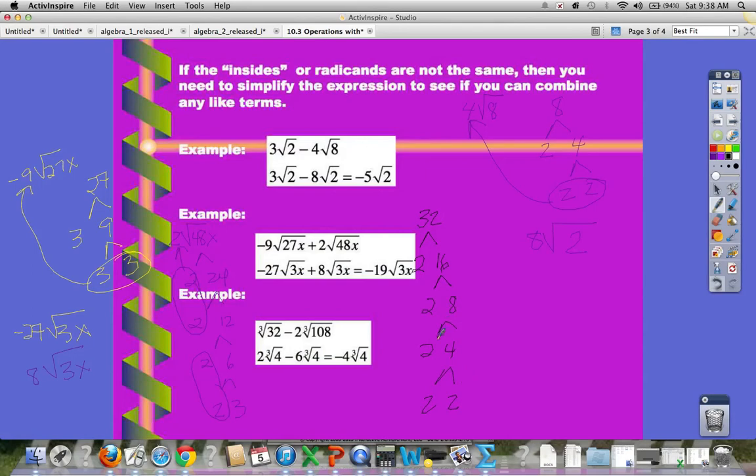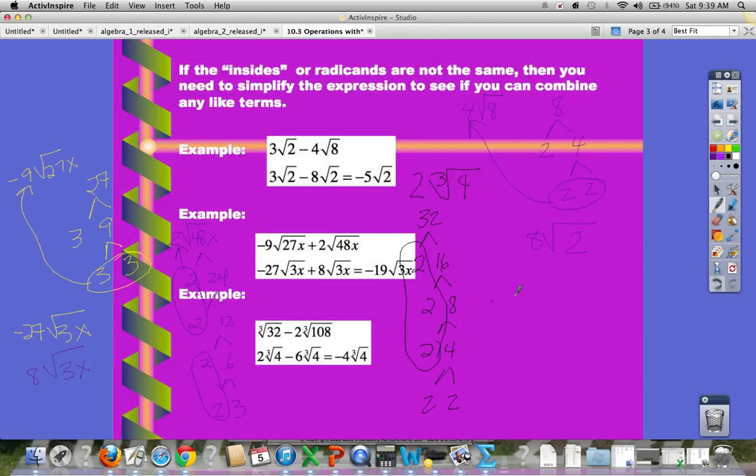And I circle my groups of 3 because we're talking about cube roots. There's one group of 3, so that comes out. And then I have 2 times 2, which is 4. So this becomes 2 cube roots of 4.